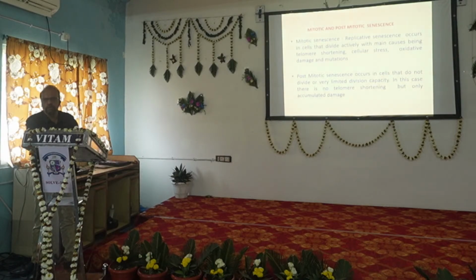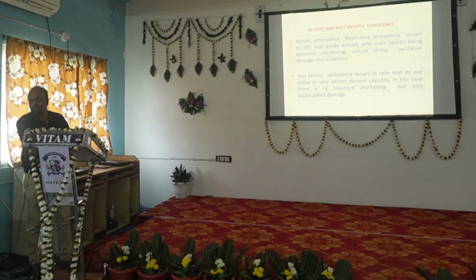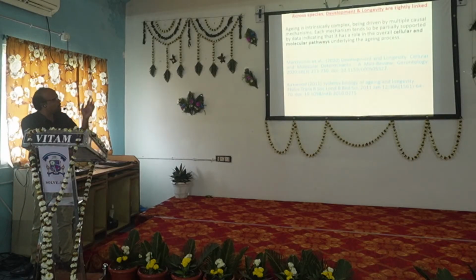Computer engineers may find these words different, but I hope you understand. So these are some reasons that I am moving past. Across species, development and longevity are tightly linked, aging is intrinsically complex, being driven by multiple causal mechanisms. Some papers I have reviewed because of molecular pathway.